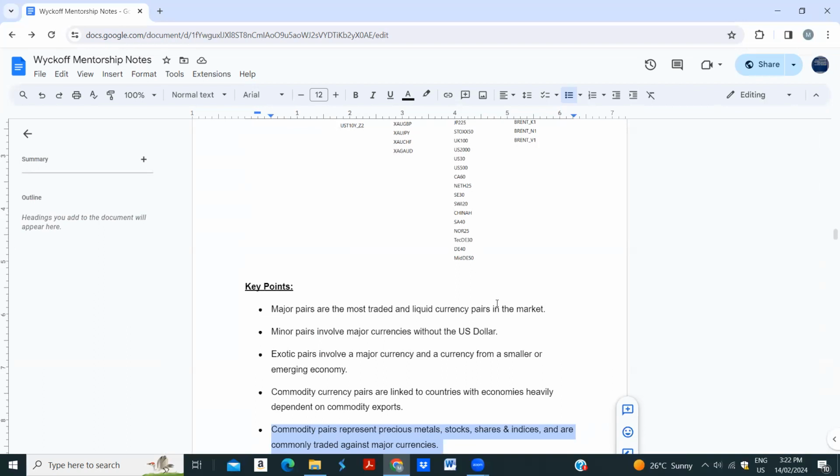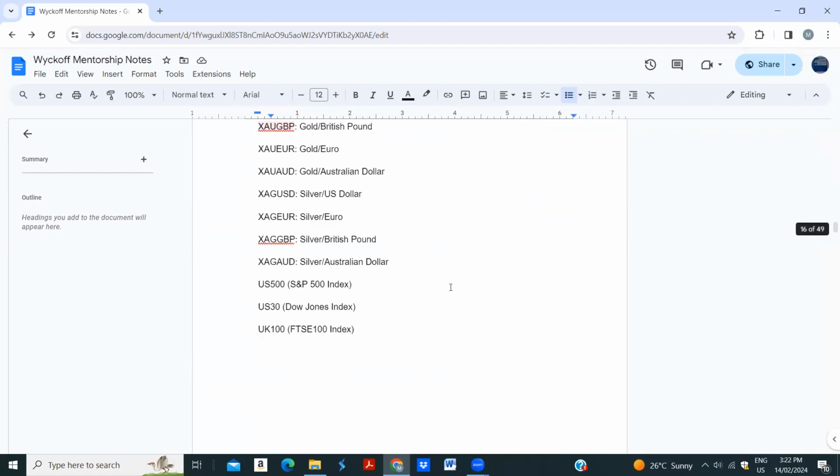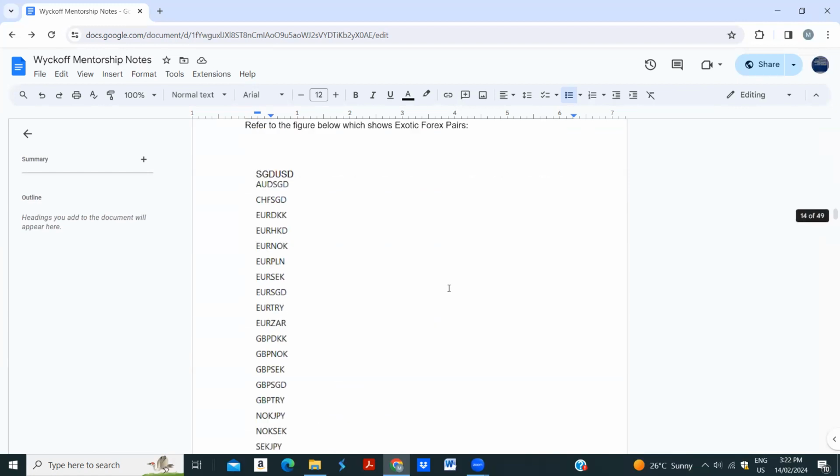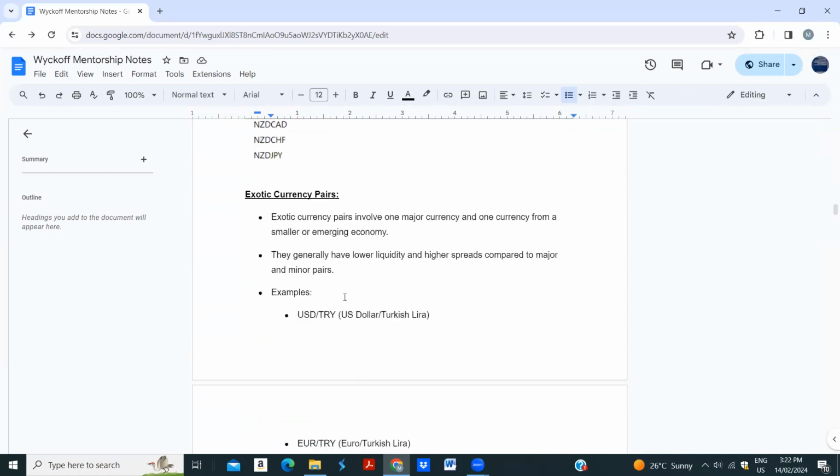And always remember one thing: you can trade commodity pairs, you can trade commodity currency pairs, you can trade major forex pairs. You can also trade minor forex pairs, but always avoid trading exotic pairs. Okay, because I'll tell you the reasons: exotic pairs generally have low liquidity and they have higher spreads. Because of these two reasons, I always advise people to avoid trading exotic currency pairs.